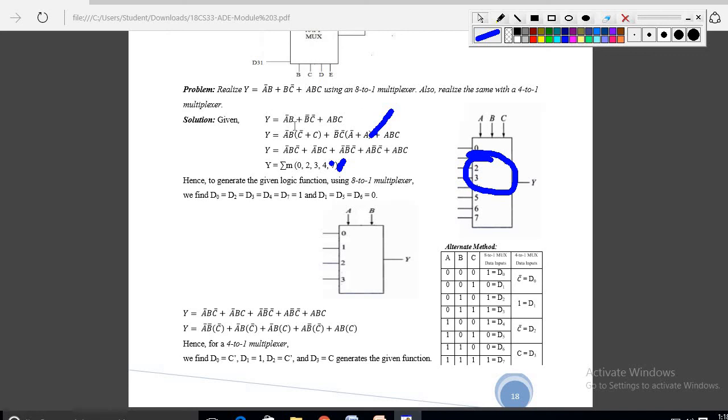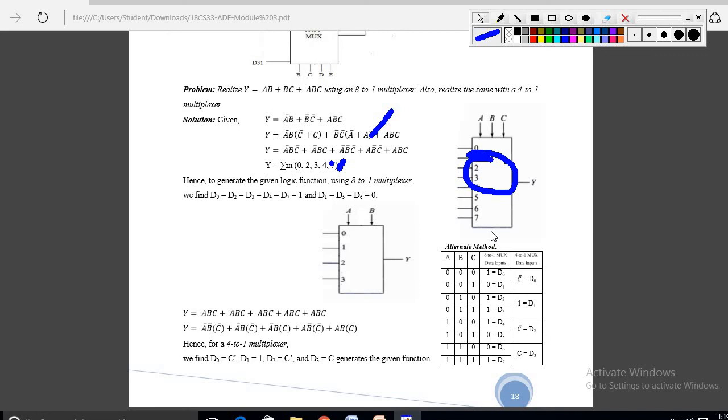Whichever term is missing, you have to compensate with that C bar plus C. Here the missing term is C, for that reason I am adding C bar plus C. Here the missing term is A, so I am adding A bar plus A. Like that you have to make the adjustment. Once this is done, you multiply inside and get the min term expression. Whatever 0 2 3 4 7 are there, make those inputs 1 and the remaining 0. Once this is done, this is your obtained result.